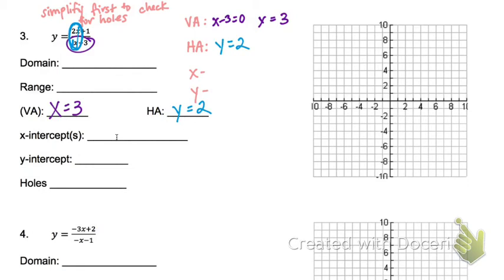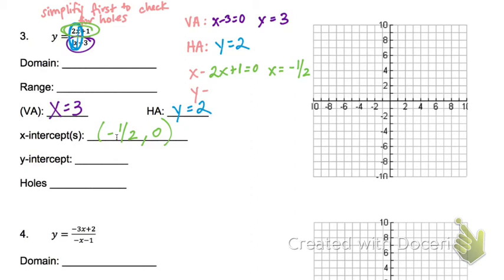X-intercepts, what do I do? Set numerator equal to 0. So x equals -1/2. So -1/2, 0. And then y, what do I do for y?